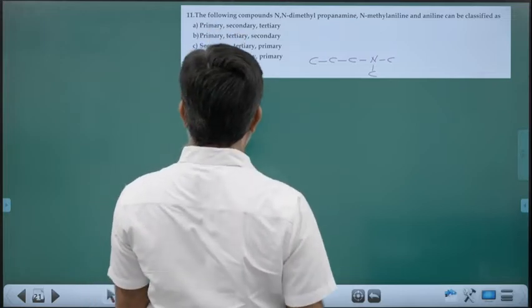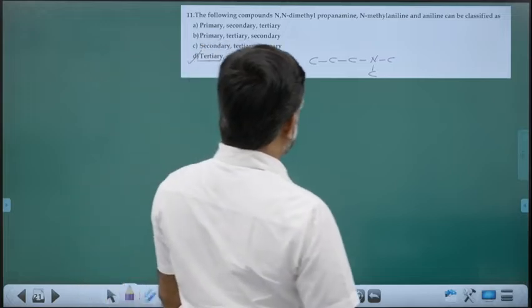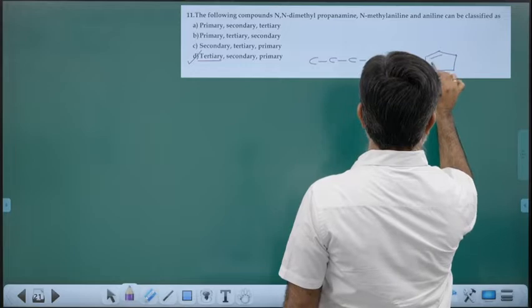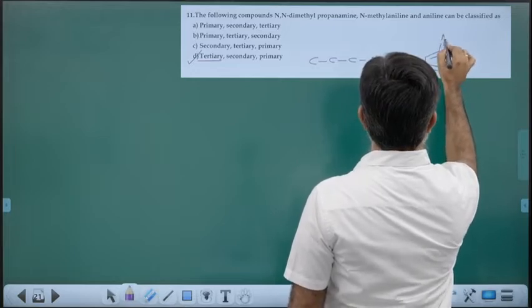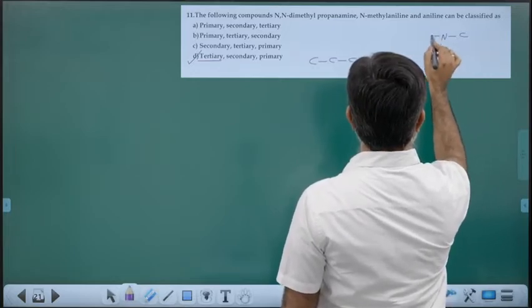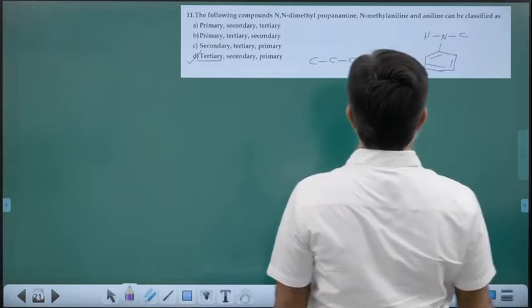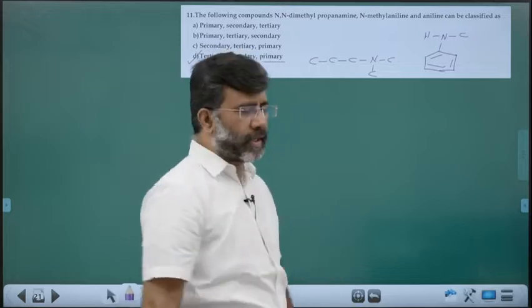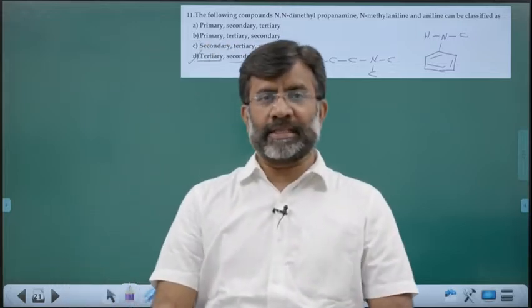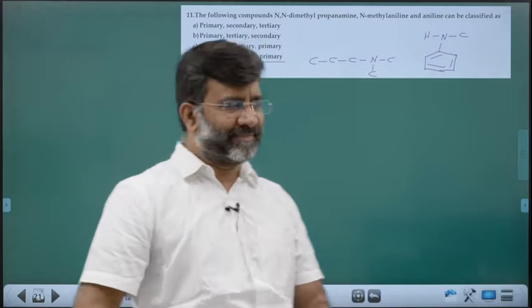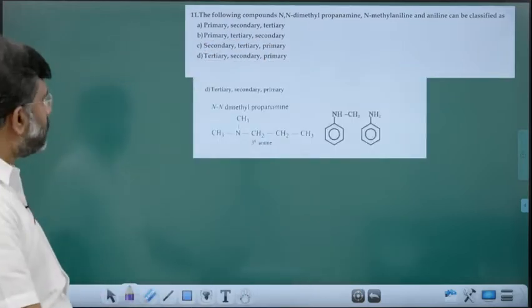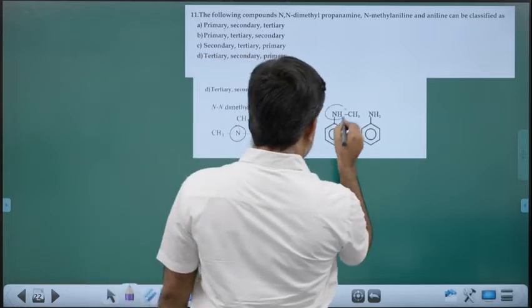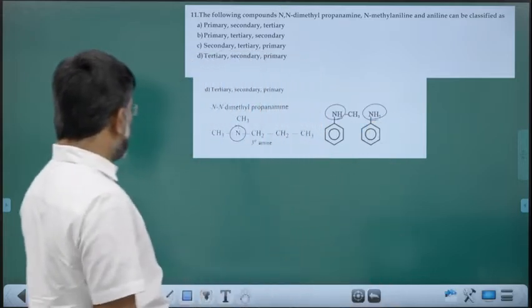Answer is option D. N-methylaniline, which is a secondary amine, and aniline is a primary amine. So, tertiary, secondary, primary, respectively. Okay. You see, this is tertiary, this is secondary, and this is primary. Next.